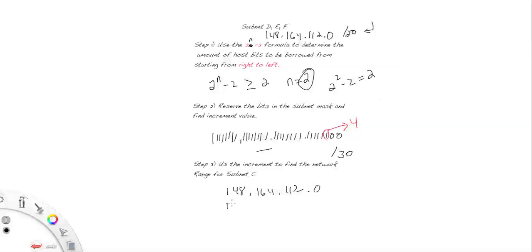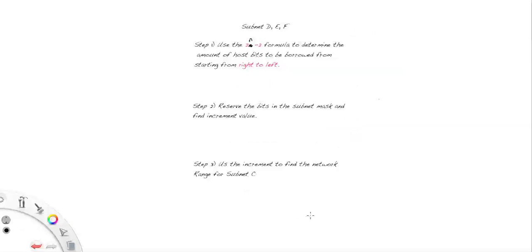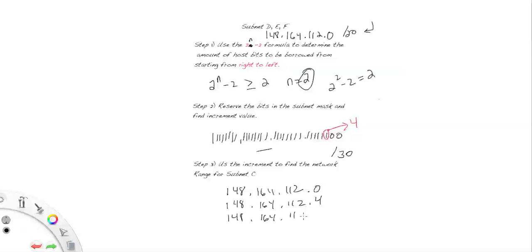The next one would be 148.164.112.4. Then 112.8. And that's all we need.